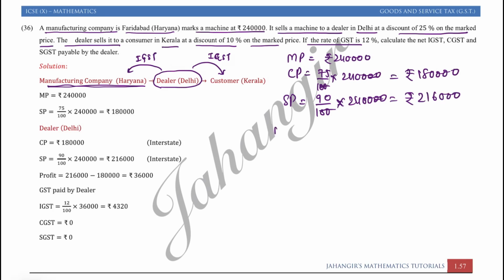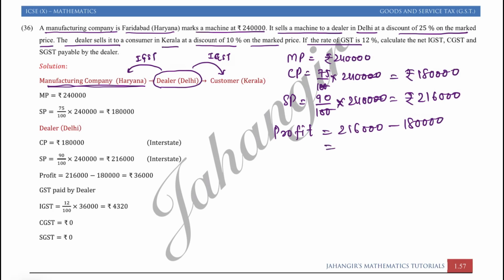So here profit is 2,16,000 minus 1,80,000. You can find input IGST, output IGST, and then subtract, or else we can do profit. Maybe we can do it because we have the same category on both sides, IGST and IGST.